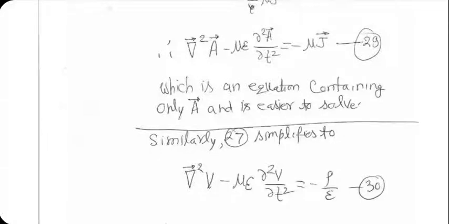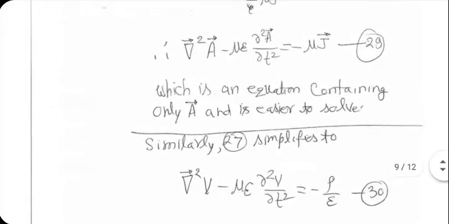And by the way, if you assume time dependence as e to the power j omega t, second order time derivatives will become minus omega square. So what you are getting really in that case is del square A plus omega square mu epsilon A equal to minus mu J, and del square V plus omega square mu epsilon V equal to minus rho upon epsilon.